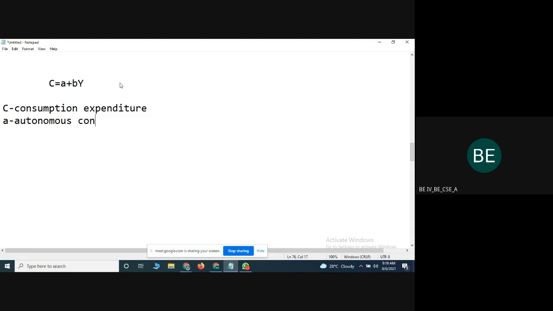The consumption is independent of the income, so it's called autonomous consumption. A is autonomous consumption, B is the marginal propensity to consume, and Y is income. Suppose I tell one scenario.